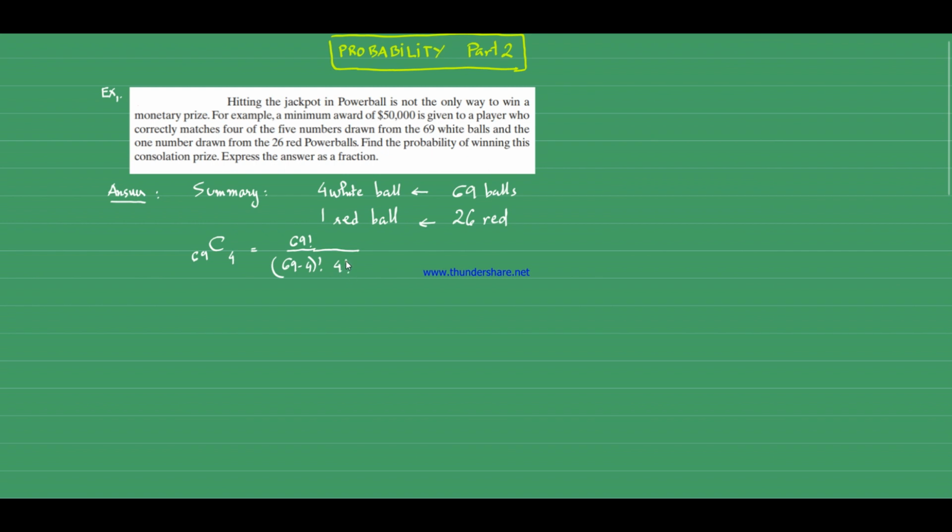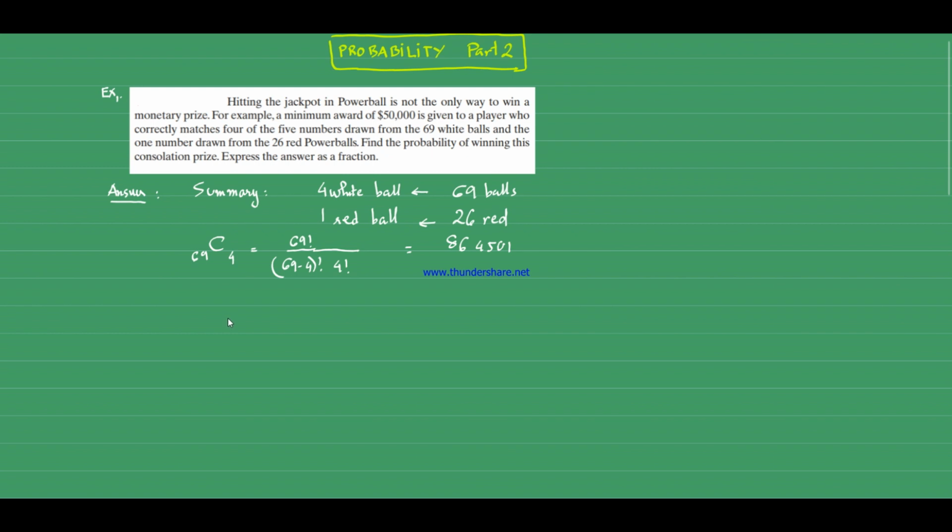If you put it into the calculator, you're going to end up with 864,501 options to pick 4 white balls out of 69 white balls.